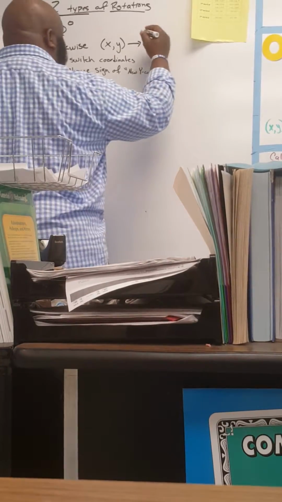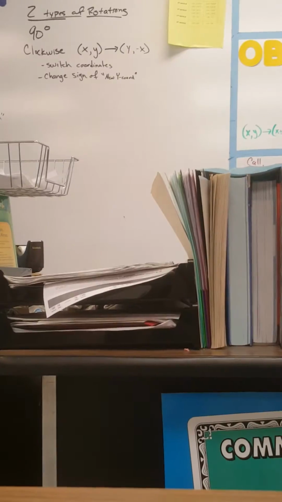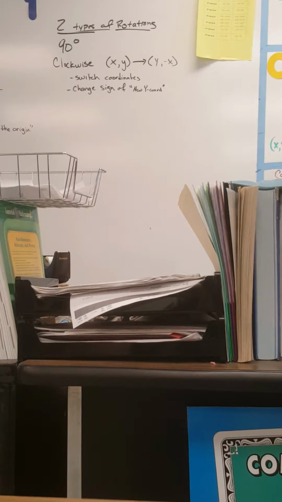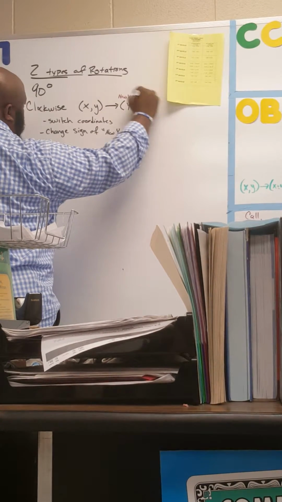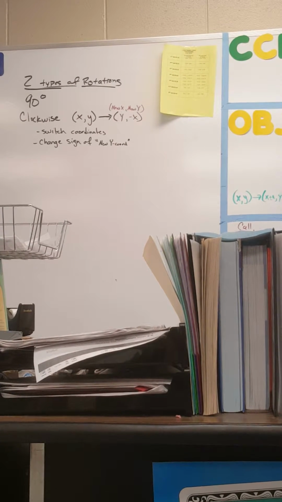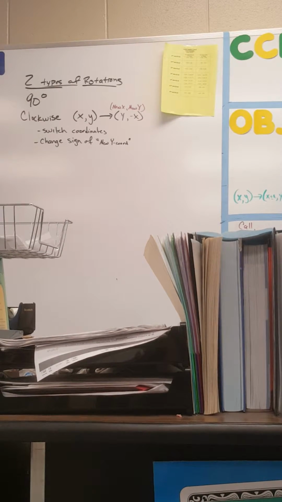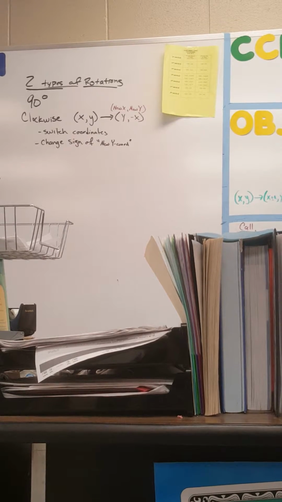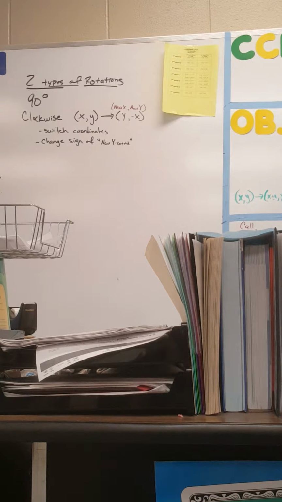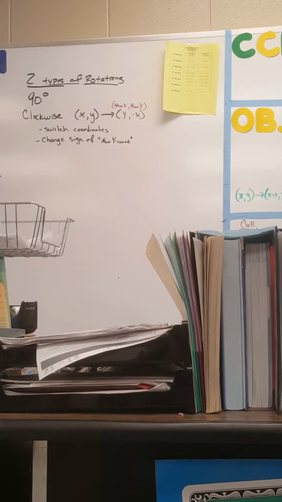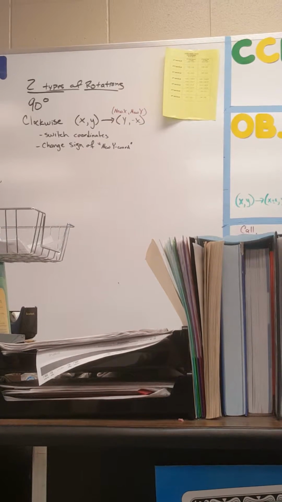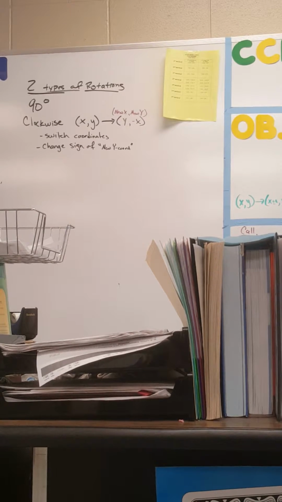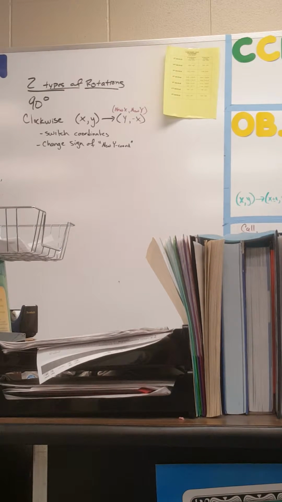So, in essence, this is what it's saying. But keep in mind, every ordered pair has an X and a Y. New X, new Y. All right, so that's clockwise.